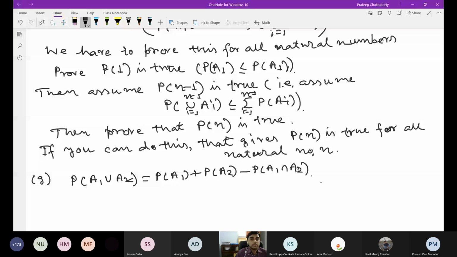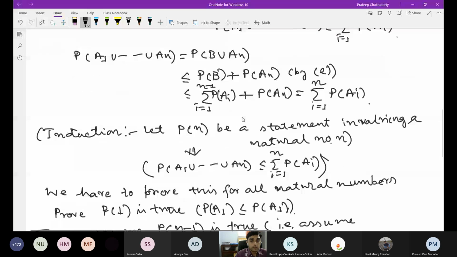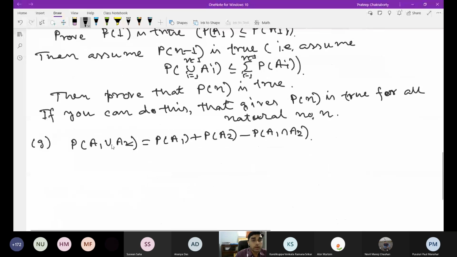So in the previous property, we are saying that this thing is less equal to this, but we are not giving any proper equality. We are giving inequality, but we want to give the exact equality. For this, if you take two events, we have PA1 union A2 equal to PA1 plus PA2 minus PA1 intersection A2. So this is true when the number of events is 2.